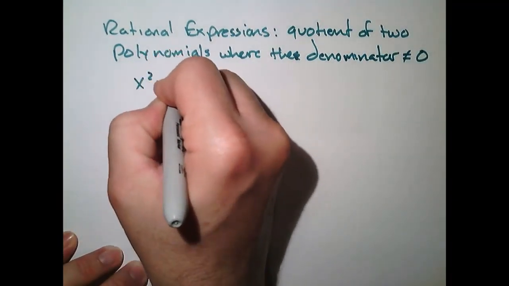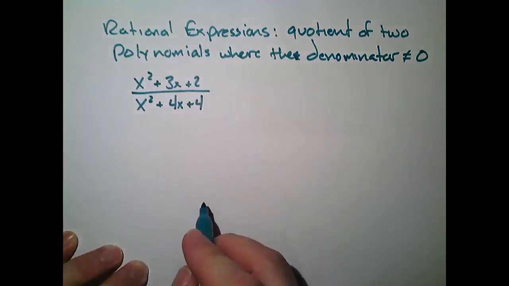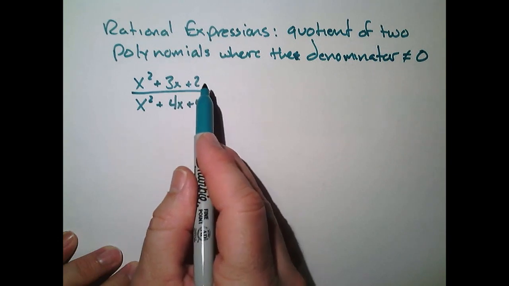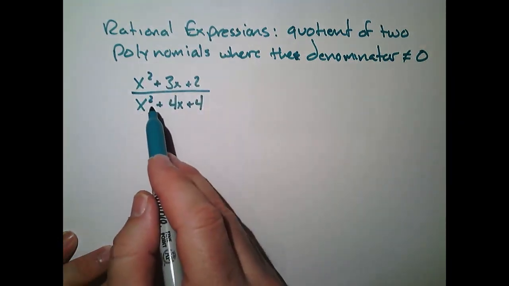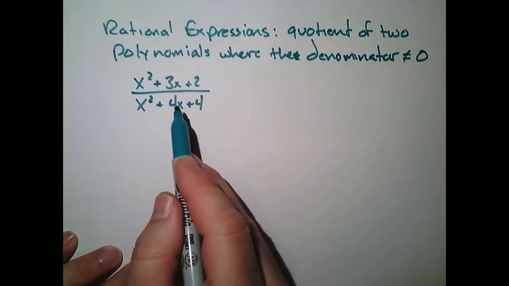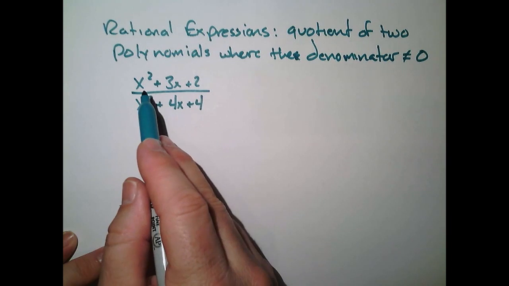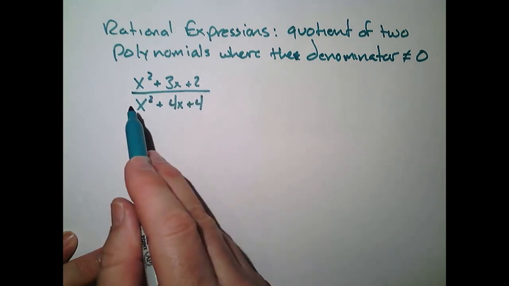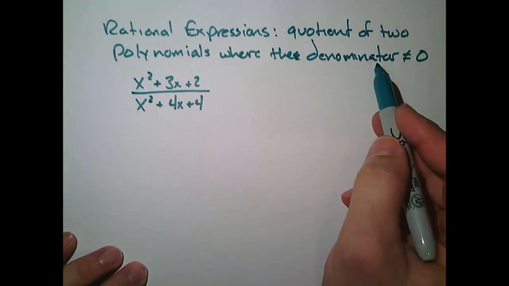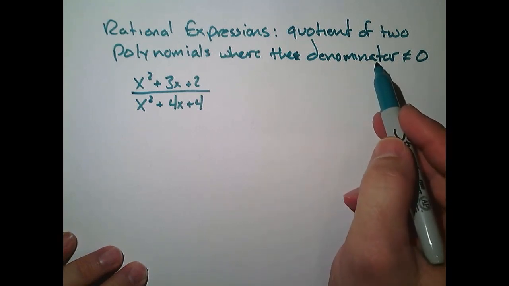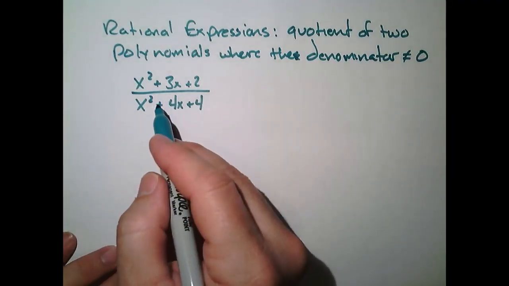So for example, if we take x squared plus 3x plus 2 over x squared plus 4x plus 4, then we have a polynomial in the numerator and a polynomial in the denominator. And this is our rational expression. So we have our x squared plus 3x plus 2 being divided by our x squared plus 4x plus 4, so long as our denominator does not equal 0.